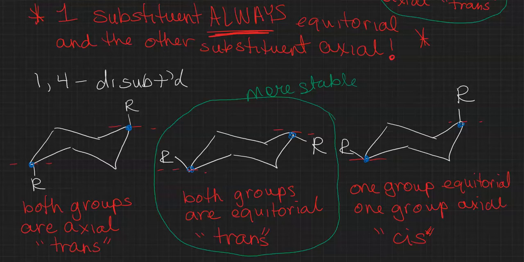So the diequatorial would be the more stable, and the diaxial would be the least stable. So again, those are the disubstituted positions that I can have: 1,2, 1,3, and 1,4.